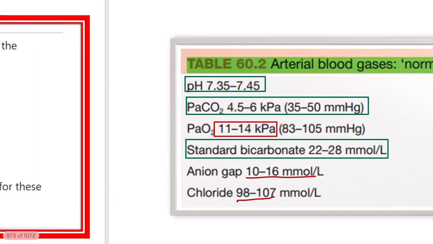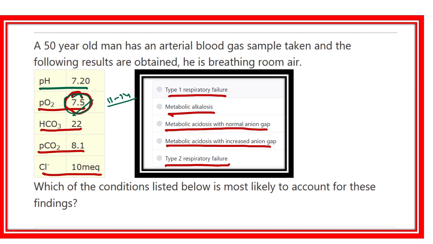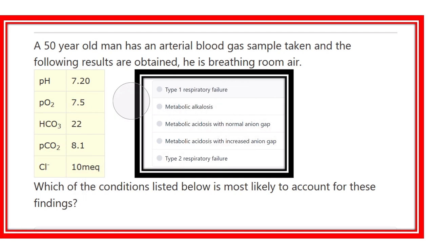So in this equation, first of all, pH is 7.2, that means it is respiratory acidosis. Now we have to find out the other findings. Now see the partial pressure of carbon dioxide, which is the second most important parameter.